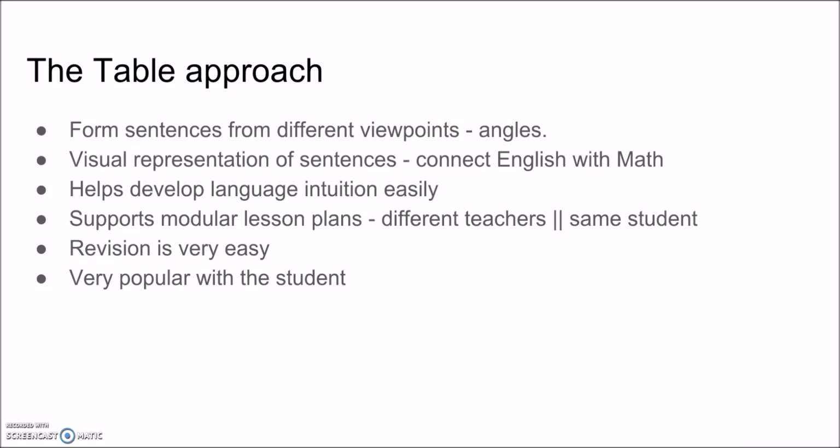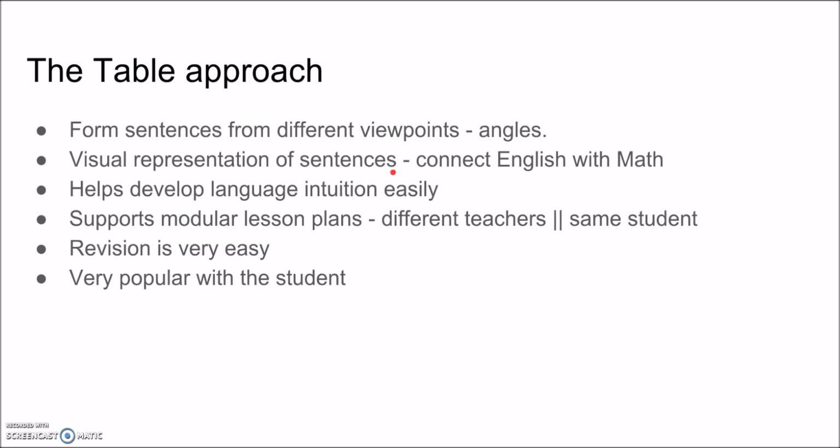And then the other implicit thing about this table approach, and probably the most important factor why this is so effective in teaching sentences, is that this table approach is completely visual. So you have your sentences represented in fixed structures, tables, and then these tables will somehow remind the student about maths, about their unitary mathematic kind of tables.